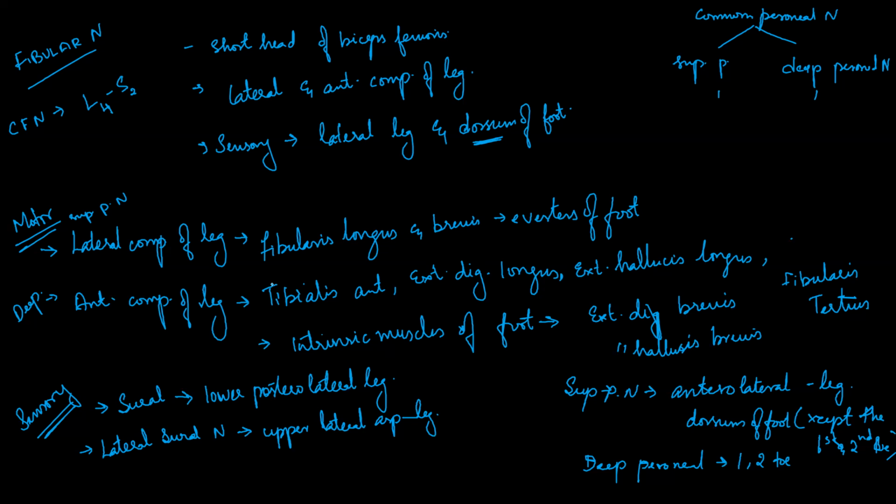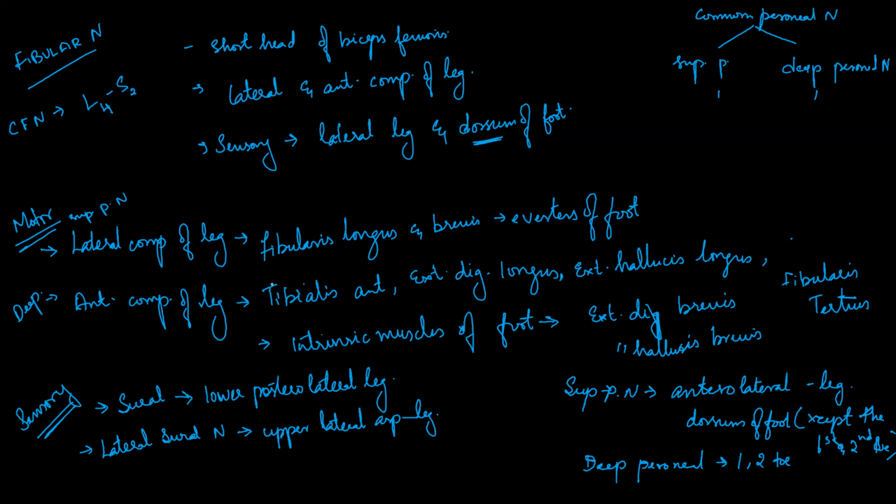Now, the clinical anatomy of sciatic nerve is in case of fracture of fibula or in case of some plaster which is bound on the leg, it can cause injury to the common fibular nerve because this common fibular nerve is comparatively a superficial nerve. So it is liable to injury.